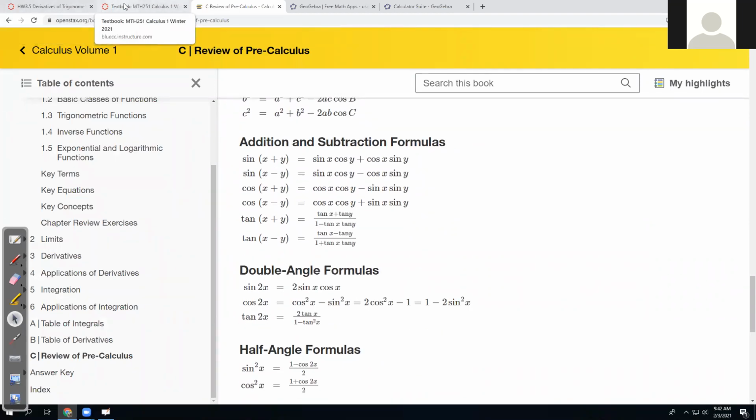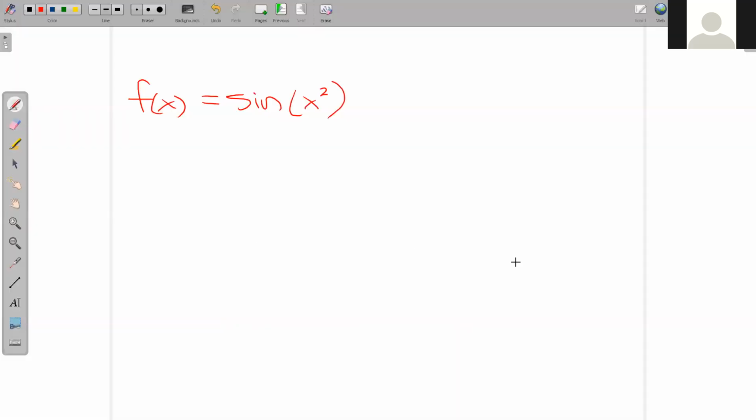So then you'd say, okay, well, how about if we rewrite that? That would be the sine of x times x. So is there a formula for something like the sine of alpha times beta, the product of two angles? And I don't recall such a formula. So what if we can't rewrite this?